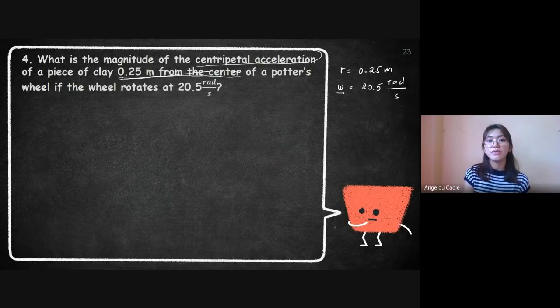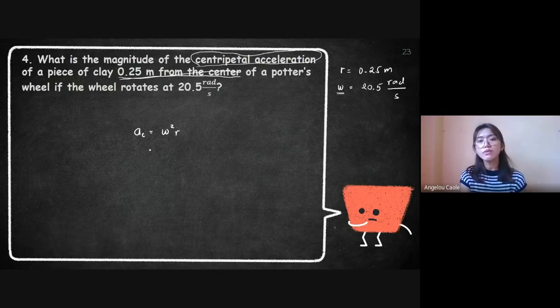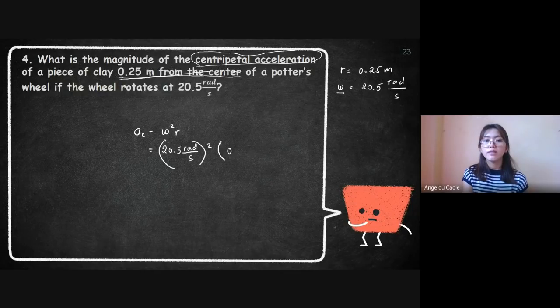Our formula for centripetal acceleration given the angular velocity is Ac is equal to W squared times R. So just substitute 20.5 rad per second squared times 0.25 meters.